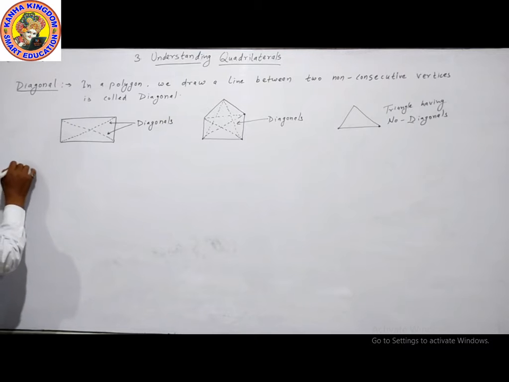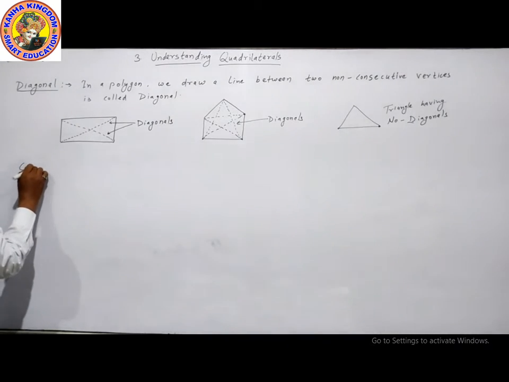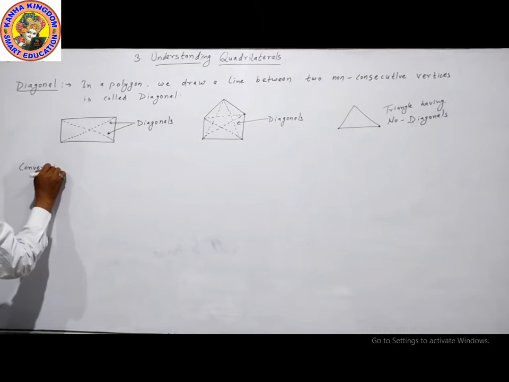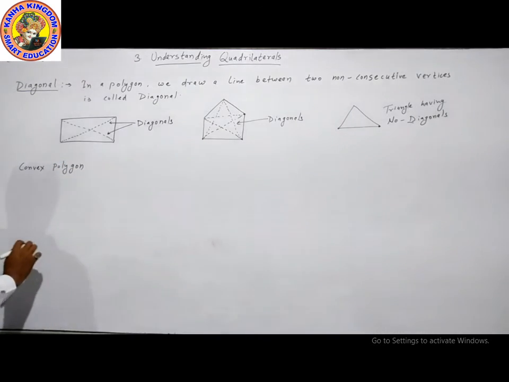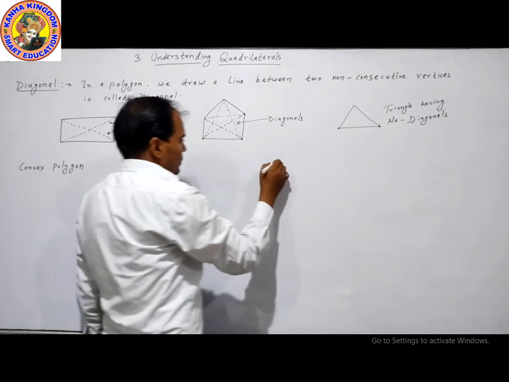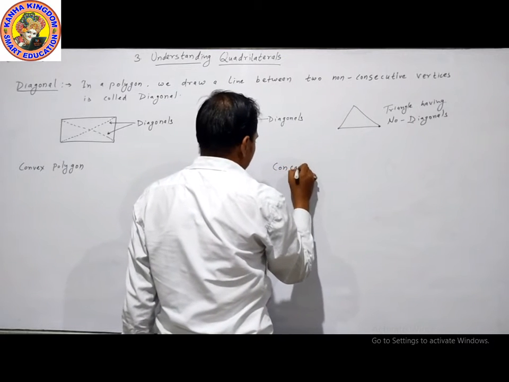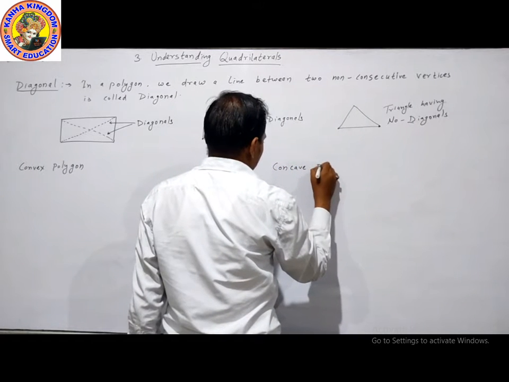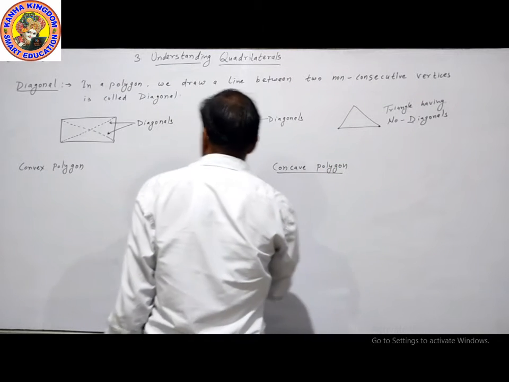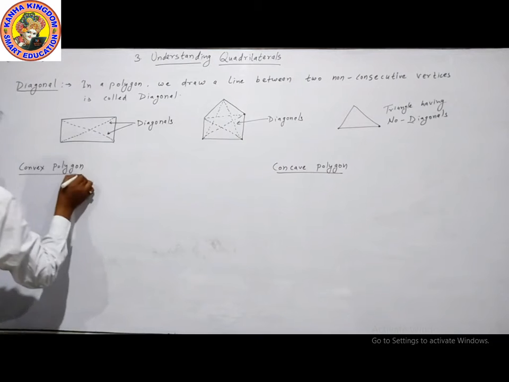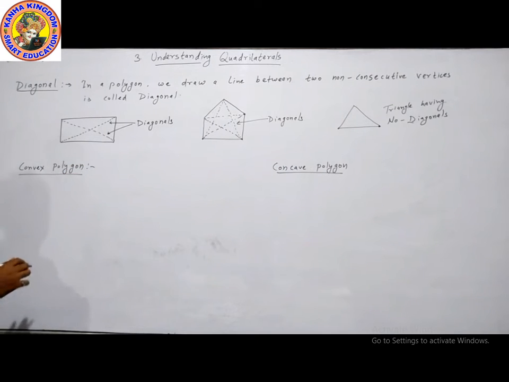Now next is convex polygon and another is concave polygon. What is the convex and concave polygon?